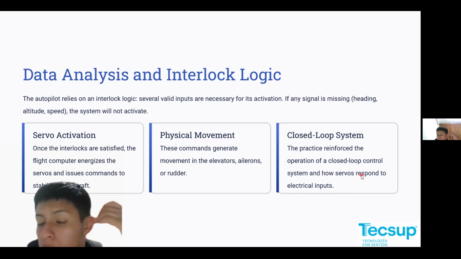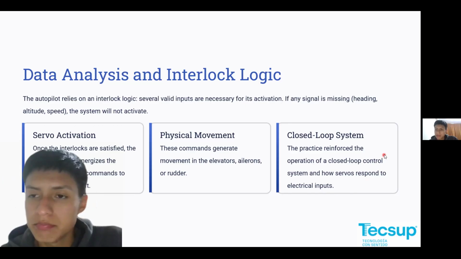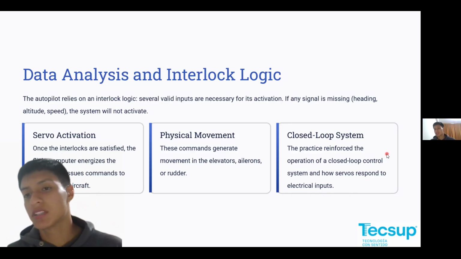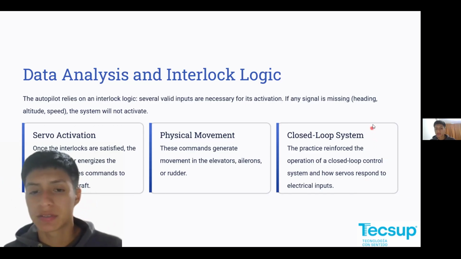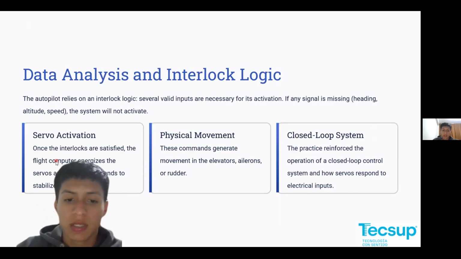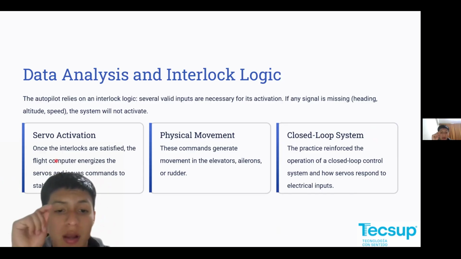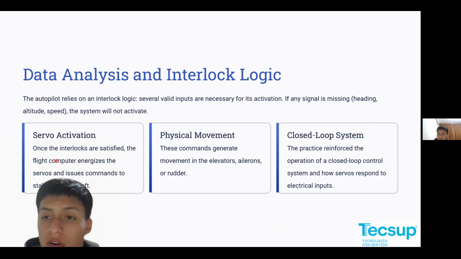This is the closed loop system, it is the best. And the open loop is correct. Why not? These results of the voltage with the multimeter also helped me understand the role of interlock logic.